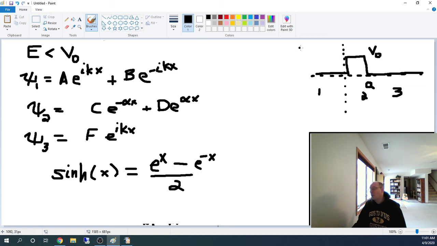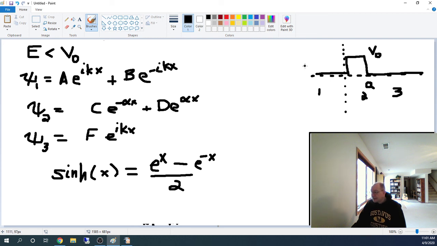If you have more energy than the barrier, like your energy is bigger than V0, then all that happens is when the particle gets to the barrier, it slows down, and then when it leaves the barrier, it speeds back up. This is kind of a non-physical situation, but it is what it is. That would be the dynamics of it.